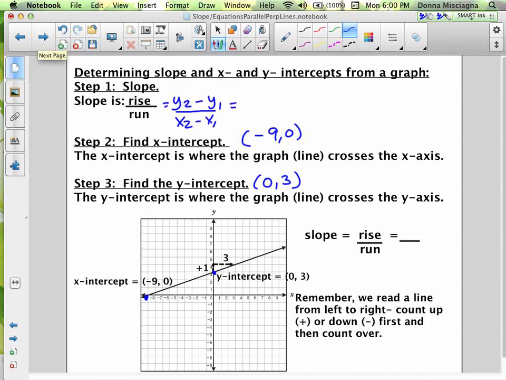All right, so this would be 0 minus 3 over negative 9 minus 0. So 0 minus 3 is negative 3, and negative 9 minus 0, that's negative 9. Those negatives cancel. That number also reduces, right? So 3 goes into 3. And I'm going to write it down. I'll write it down here as well once we calculate it from the graph. When I say down here, I meant over here.